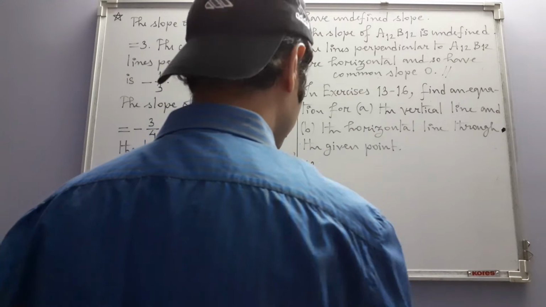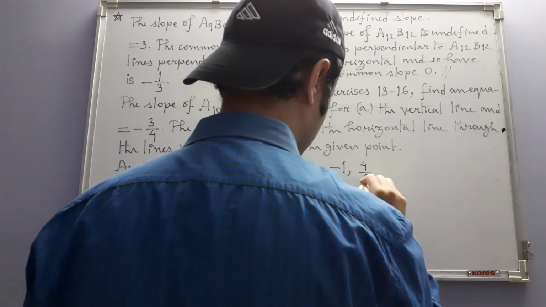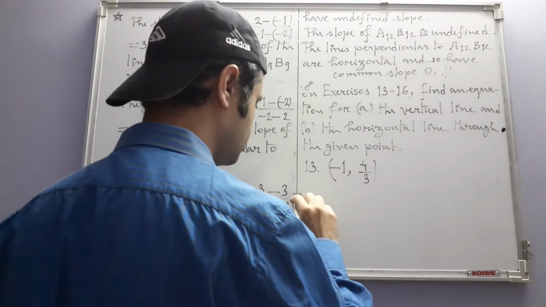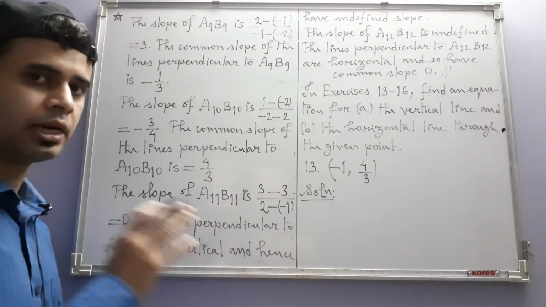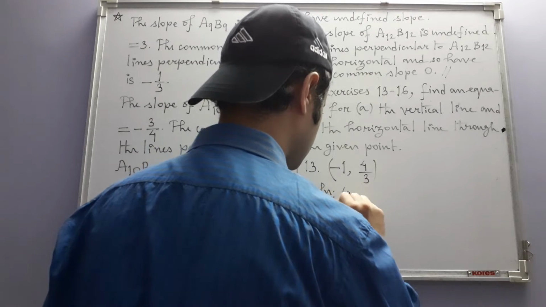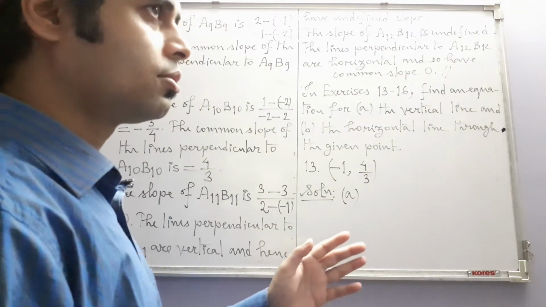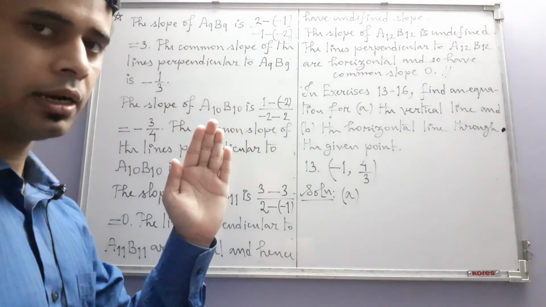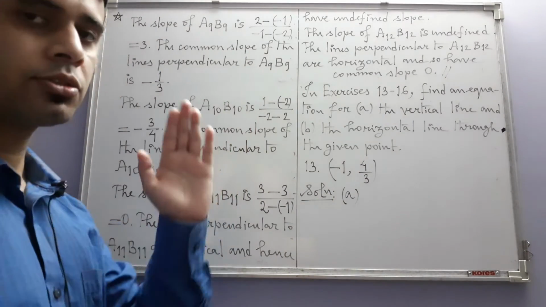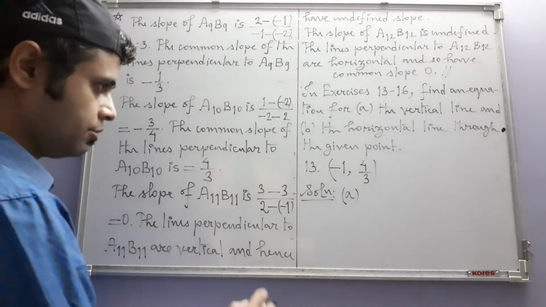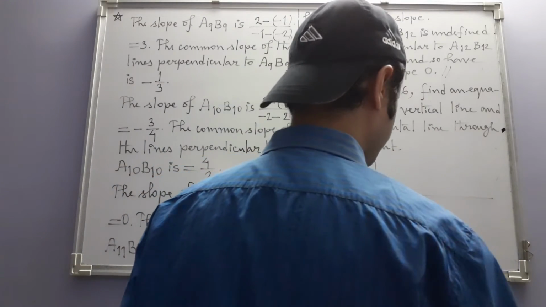13, the point is -1, 4 divided by 3. So without writing too much, we will just simply write the equations. The A is the vertical line. So all points on the vertical line passing through this point will have their x coordinates constant, because you see, let's just look at this case in detail.